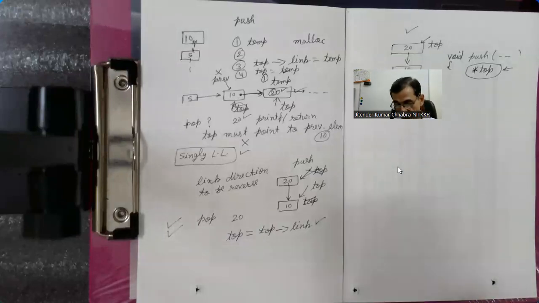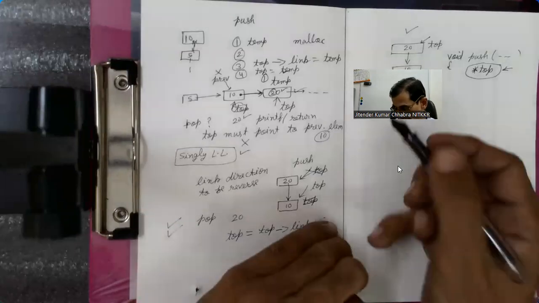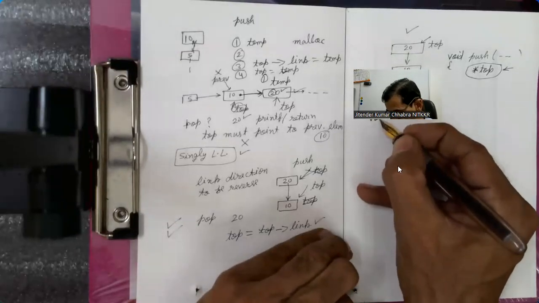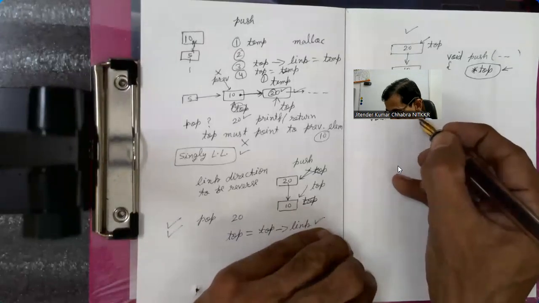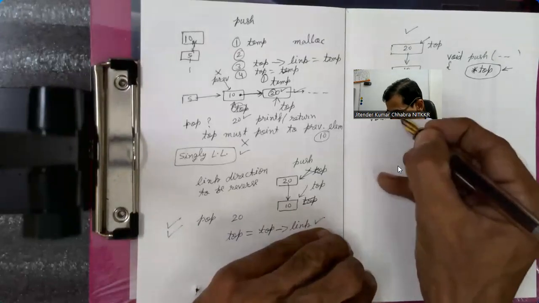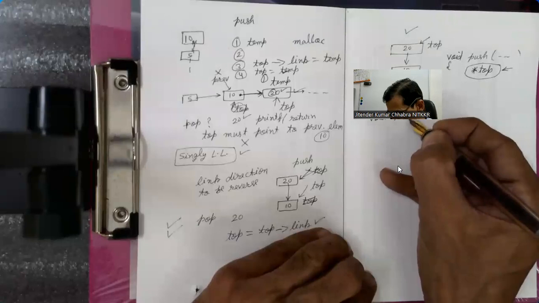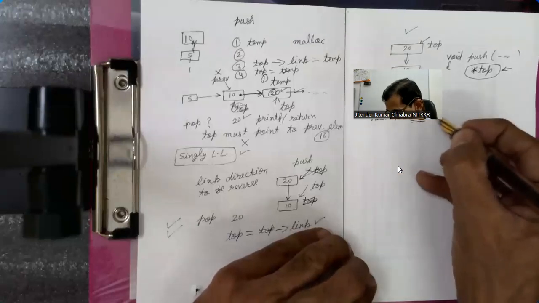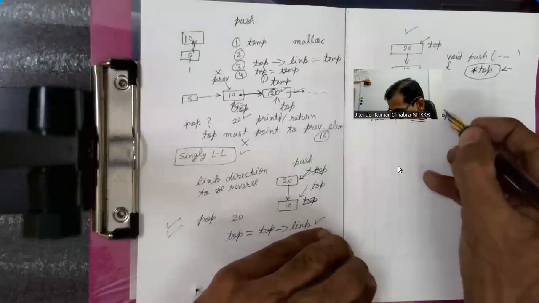It's quite easy. I have already described it effectively. What you have understood is, in case of a push, earlier what I needed was only top, but now I have a star top. So if I'm talking of a push being called, I have already used a star top.